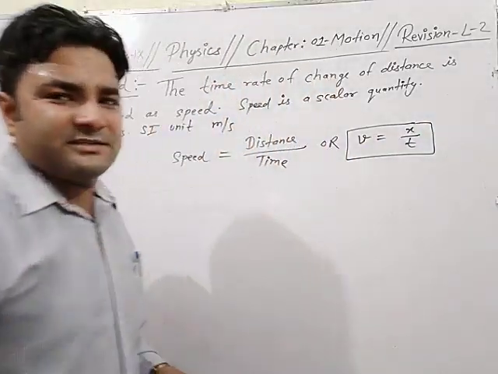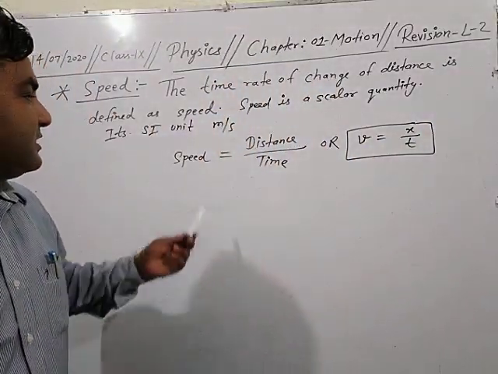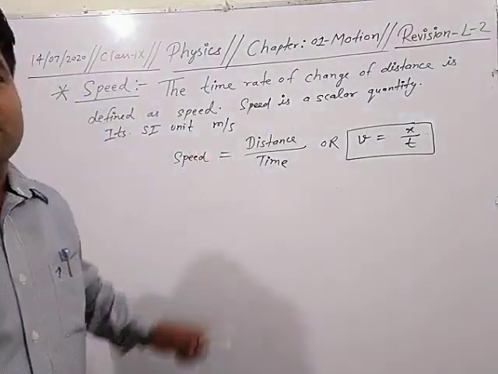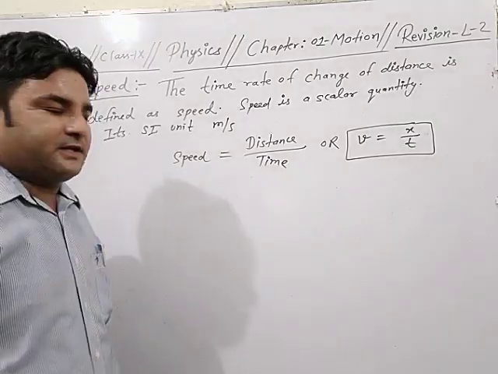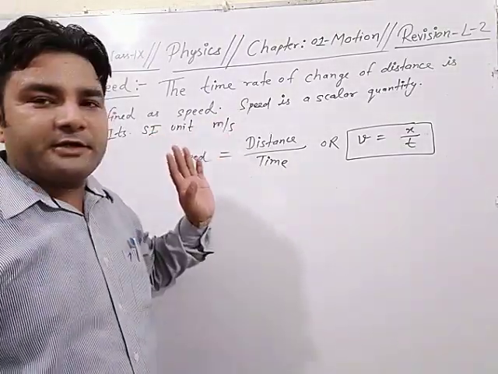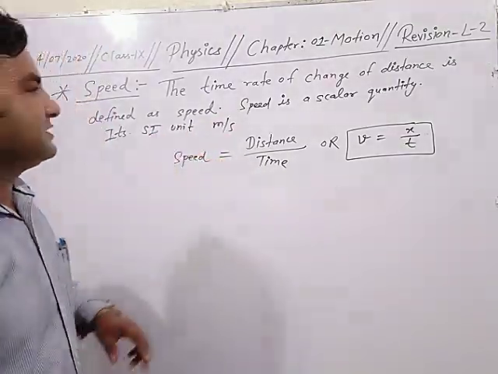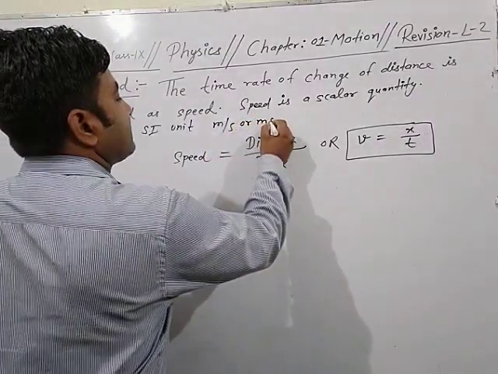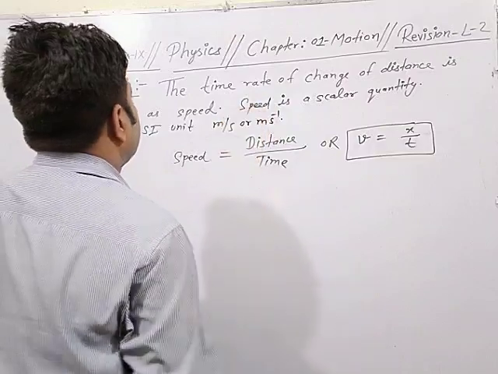X, or you can say, no matter, that is representing only distance. Here distance is measured in meter and time is measured in second. So the speed unit is meter per second. Speed is a scalar quantity and its unit is meter per second. You can write here meter second power minus 1.